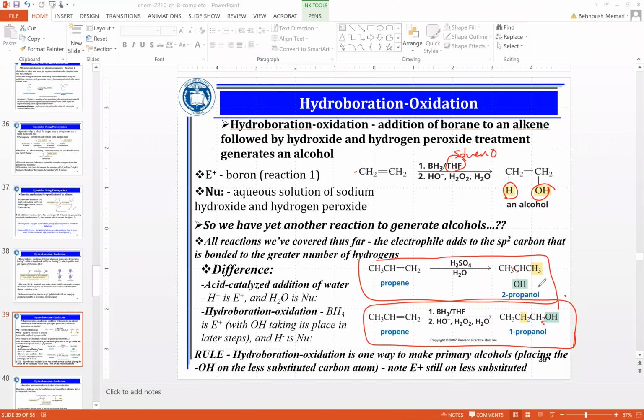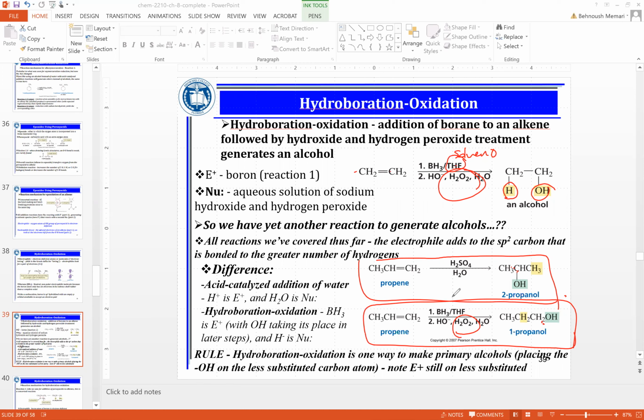Another memory trick for you: if your reaction involves H2O2, anytime you see H2O2 in the reactions, as you had for anti-Markovnikov addition of HBr when you bring a peroxide, whenever you have a peroxide used in the reaction mixture or as a reagent, the addition is going to be anti-Markovnikov.